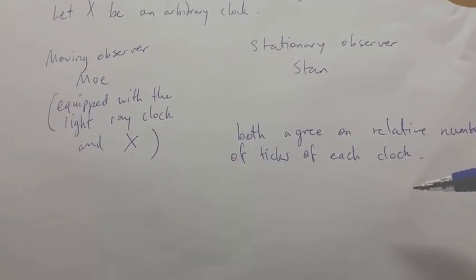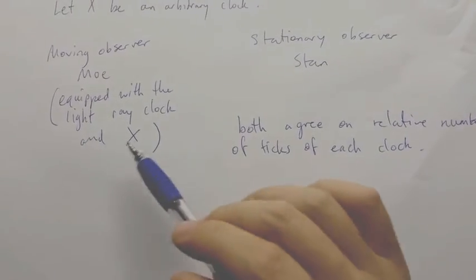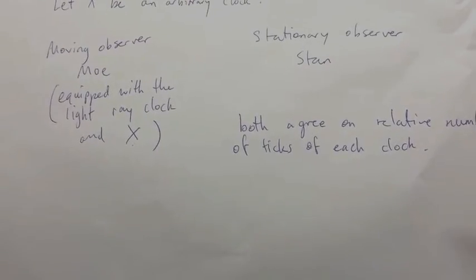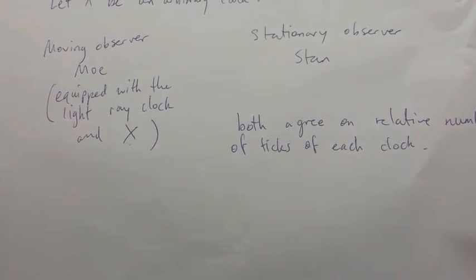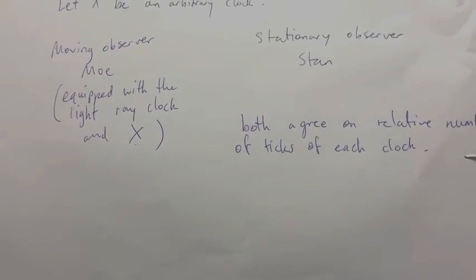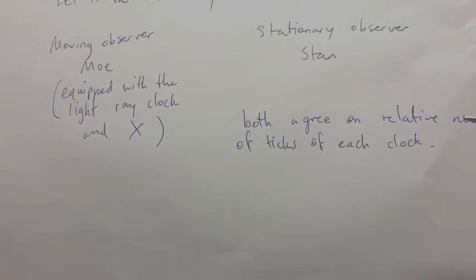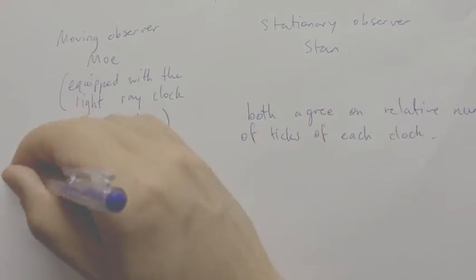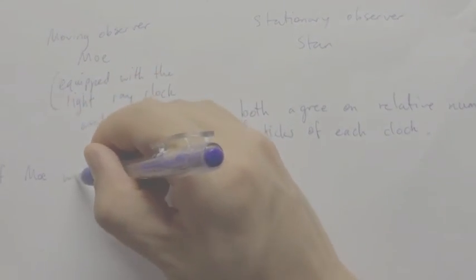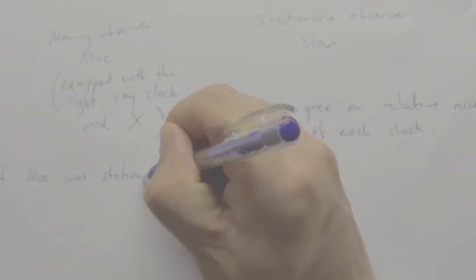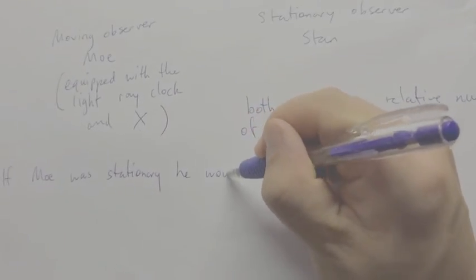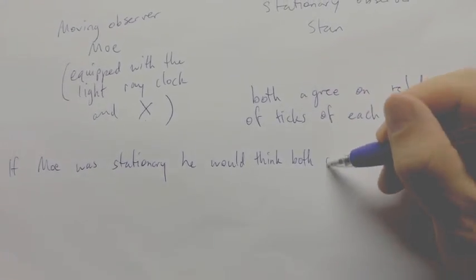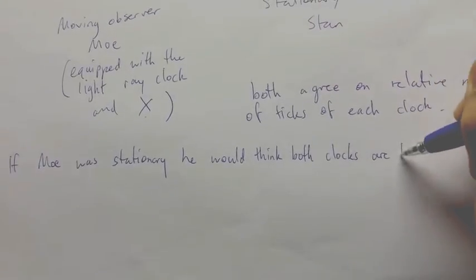Okay. Now, what is the relative speed of the two clocks? So this is where we use the principle of relativity, and we work entirely in Mo's frame of reference, or from the point of view of Mo. So if Mo was stationary, he would think both clocks are the same.